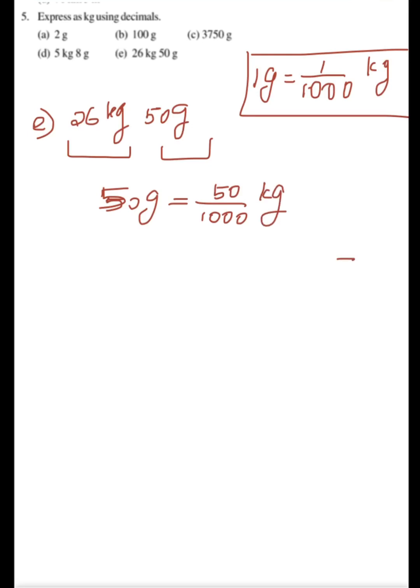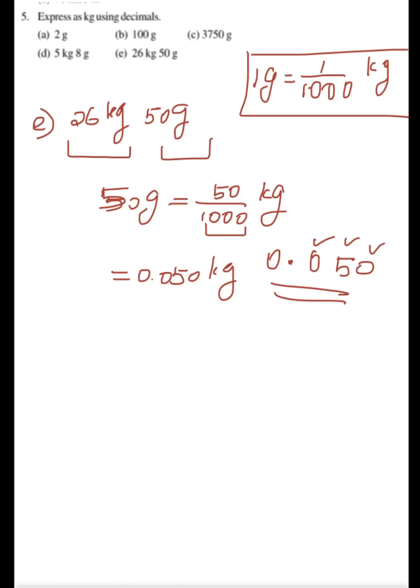Now how will you divide this 50 by 1000? 1000 means 3 zeros. So after the decimal point 3 numbers. So 1, 2, 3. So here you can put the decimal point. So our answer will be 0.050. Okay, 0.050 kilogram.